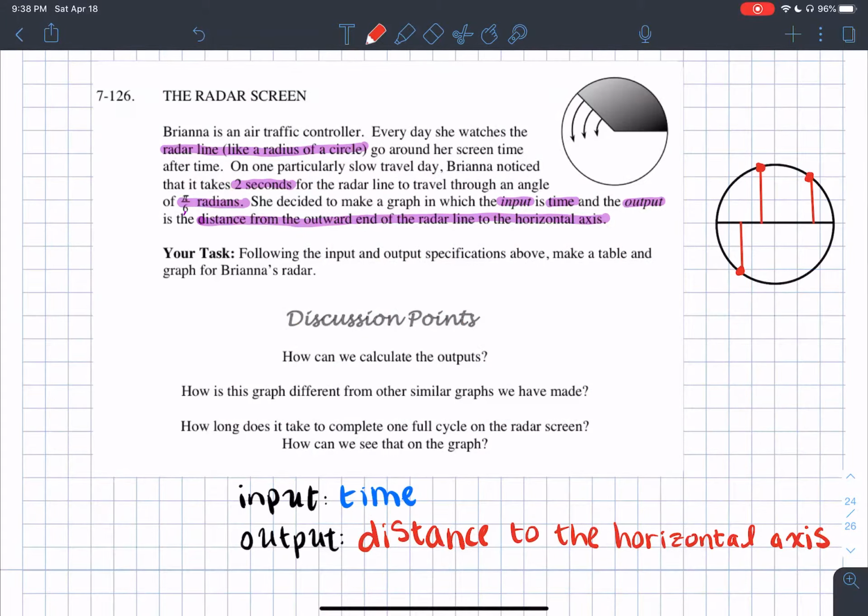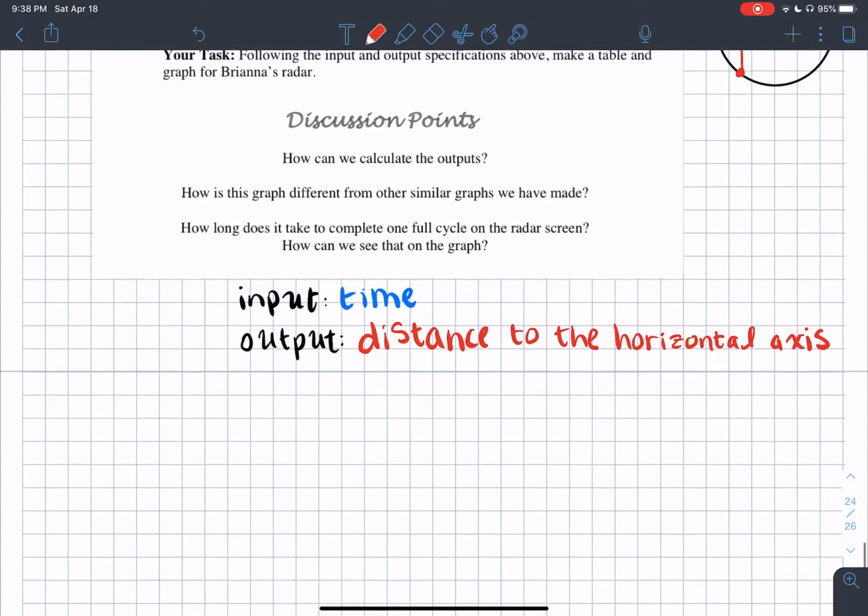Now that you've thought about it, let's go ahead and look at the part that says your task. Following the input and output specifications above, let's make a table and then graph Brianna's radar. So first, let's make a table.